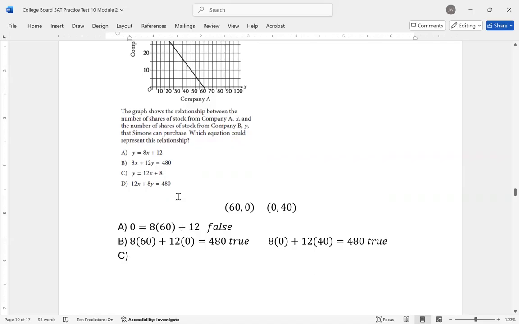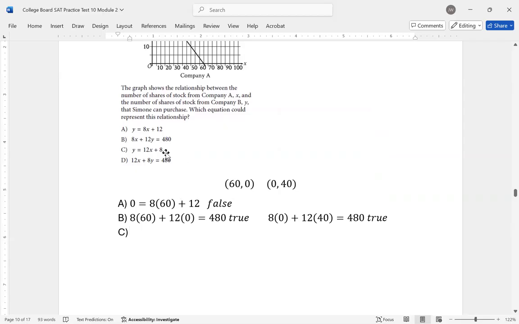If you want to be really thorough, you can do the same calculations for C as well. Plug in (60, 0) into C. You'd get 0 is equal to 12 times 60 plus 8. That's false. You don't get 0 equals 0 there. And plug in (60, 0) into D: 12 times 60 plus 8 times 0 equals 480.